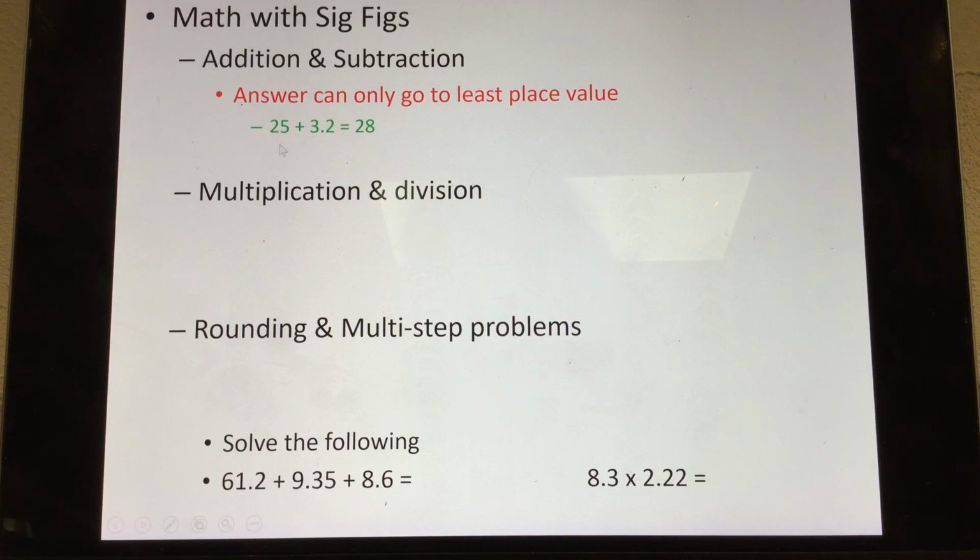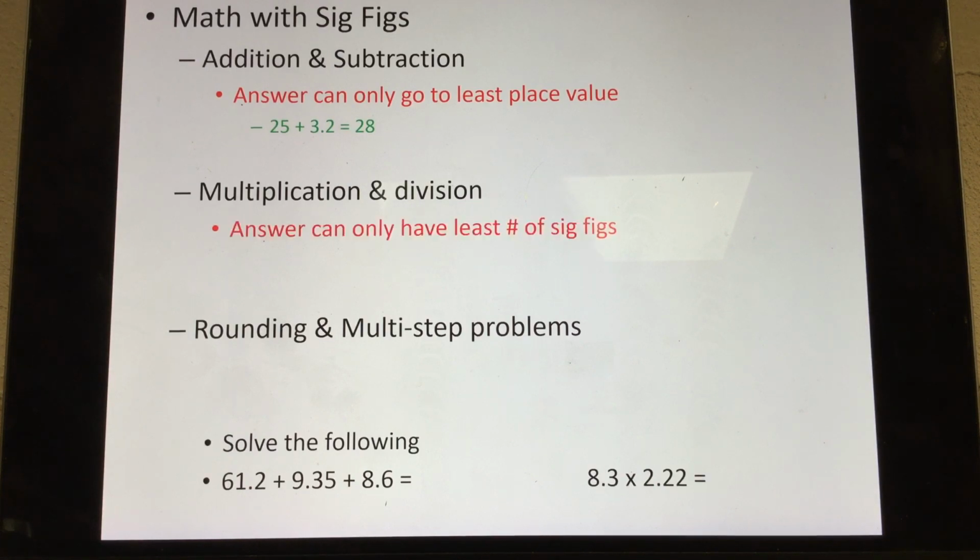But because the number 25 only goes to the ones place value, and the 3.2 goes to the tenths, whatever we were measuring, we couldn't go to the tenths place value with the number 25. So that means our answer has to stop in the ones place value as well. Since 25 stops at the ones place value, our answer has to stop at the ones place value. And it's the same for subtraction as well.